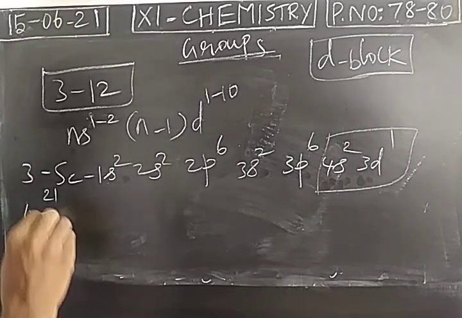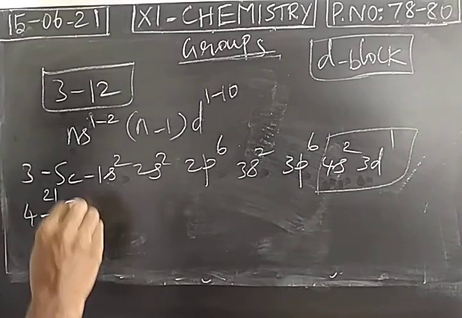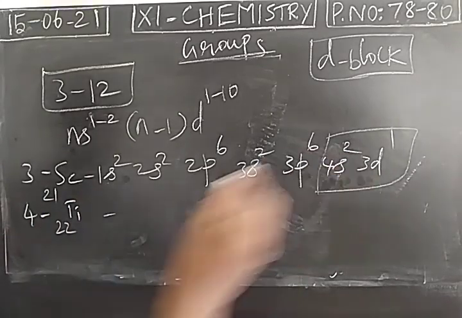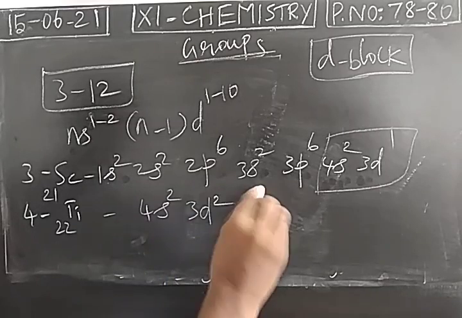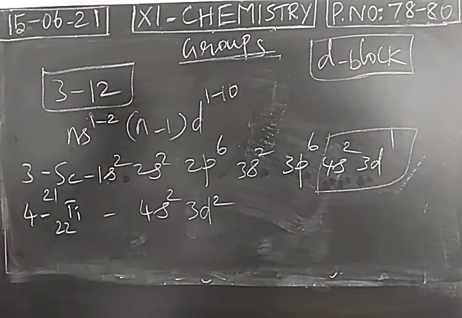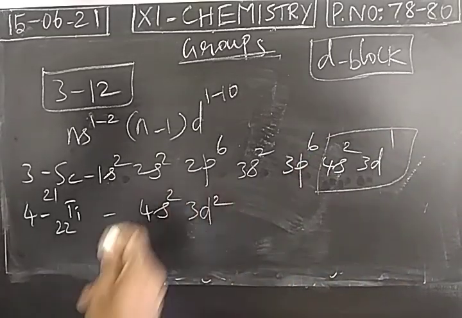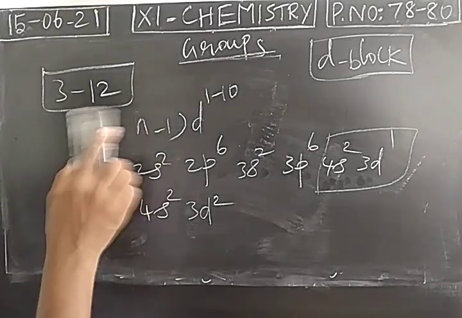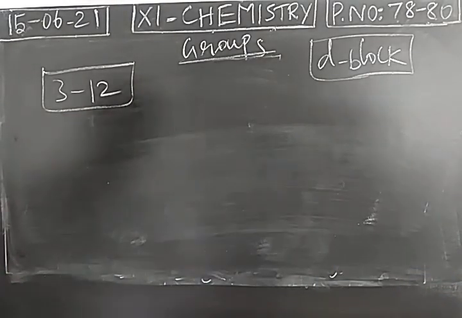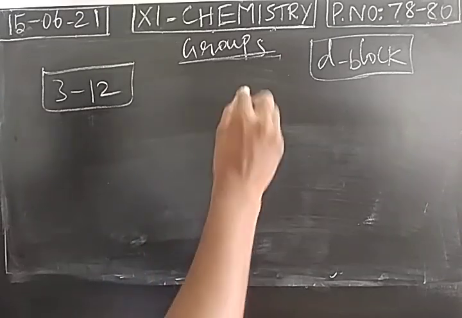You take the element in group number 4, titanium with atomic number 22. Configuration will be 4s2, 3d2. So vanadium 3d3, chromium 3d4, like that it goes. So the outermost orbital is d orbital. So this is called a d block element. And what is the other name? Transition elements.